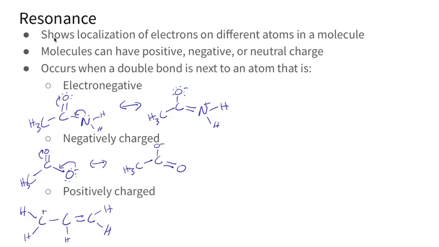So we can do a resonance structure to reduce the strain on this carbon and pass the positive charge around the molecule. I'm going to go ahead and draw the electrons from the carbon-carbon double bond, localize them on this carbon right here for the first resonance structure.